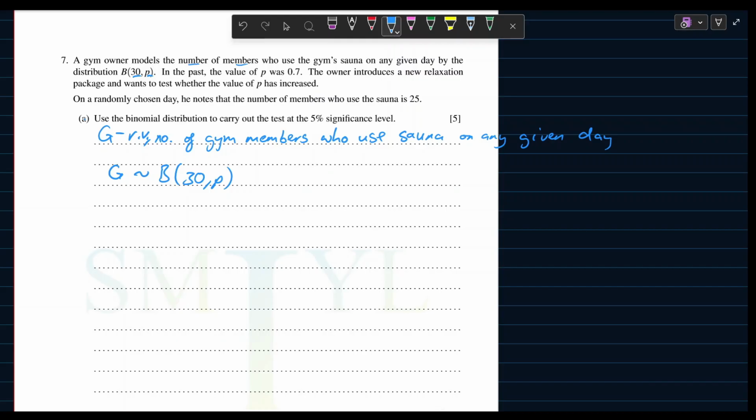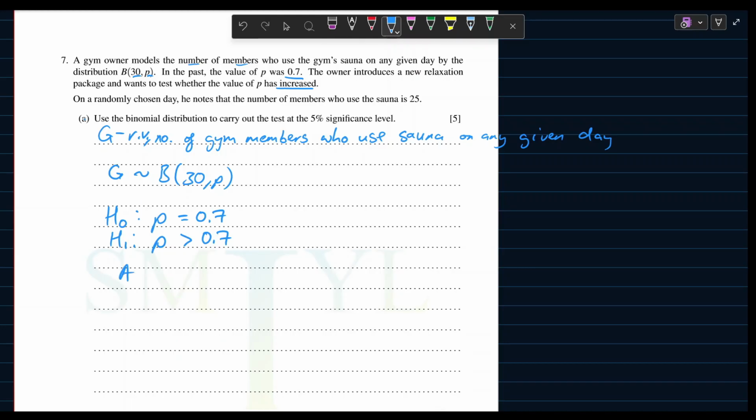Let's state our null and alternative hypothesis. In the past, the value of p was 0.7. That's our null hypothesis. And we want to test whether this value of p has increased, so we want to test if p is greater than 0.7.